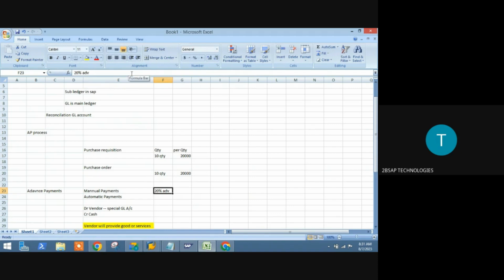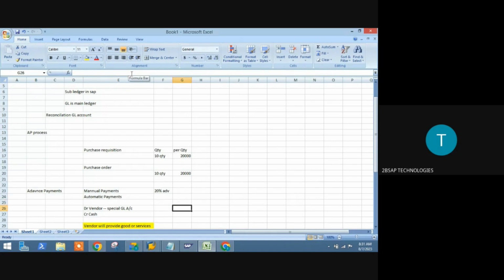With advance payment or payment terms, we also have one more concept. These are going to derive the terms and conditions between you and the respective vendor: how the nature of payment is going to happen, and how the payment terms, that means the respective due dates, are going to be calculated. That is going to be an agreement between you and the respective vendors. So now assume it is 20% advance payment.